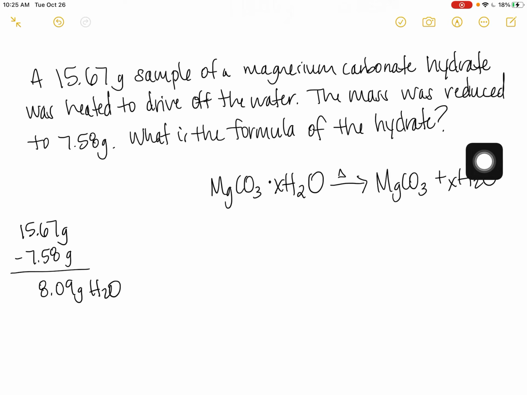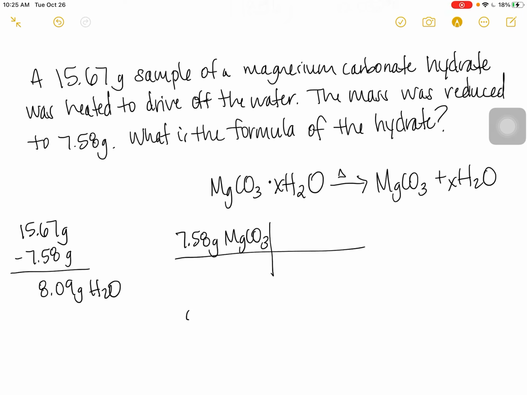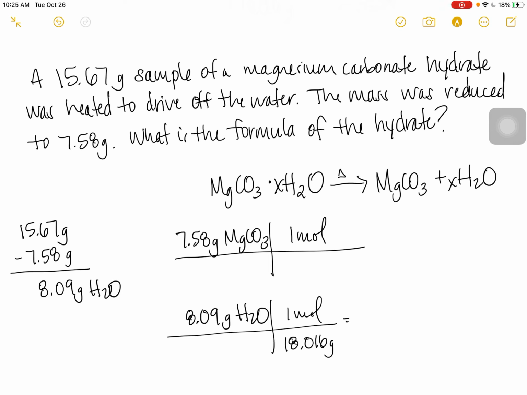And again, I'm going to do a ratio of the water to the anhydrate to find X. So I know 7.58 was my anhydrate, and I know 8.09 was my water. And 84.31. Do my math here.